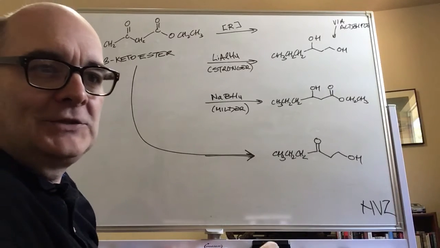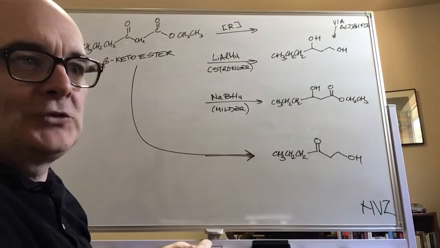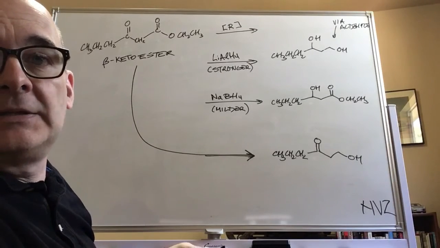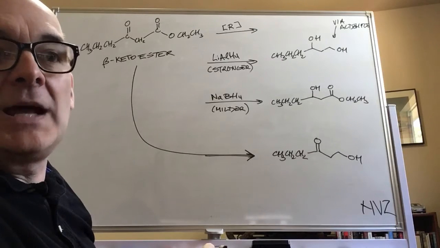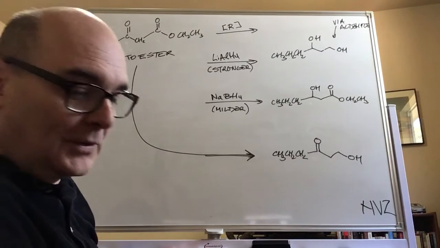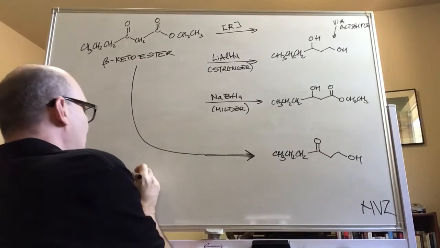This concept is called a protecting group. We're going to tie the most reactive part of the molecule up and then undo it. And if your first reaction is reversible, then you could do some really clever things. Remember this.